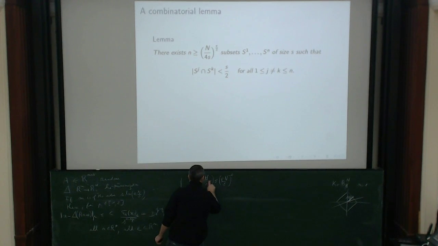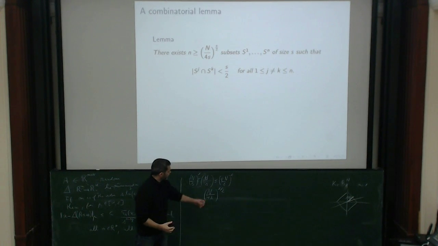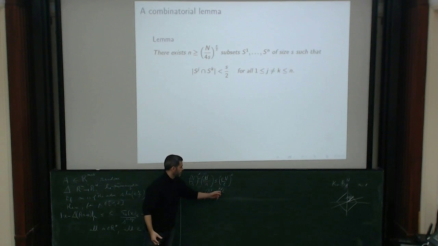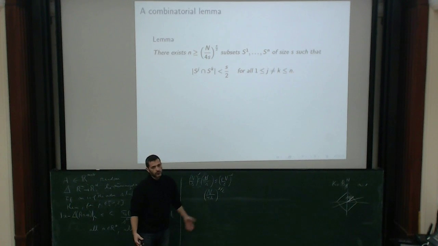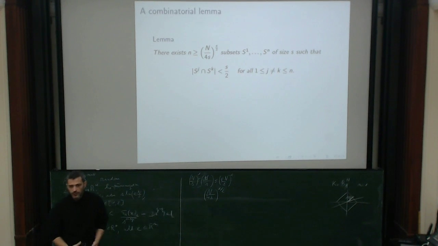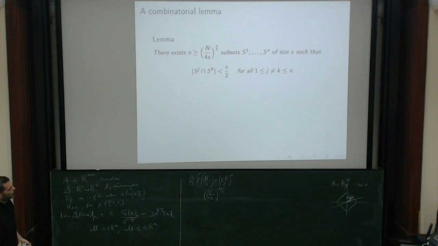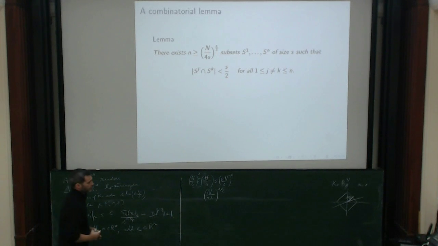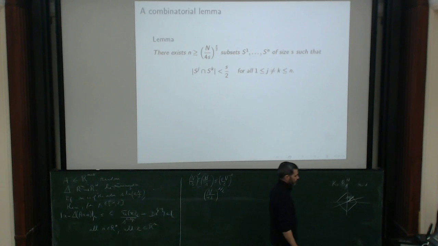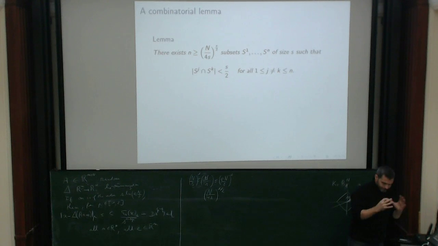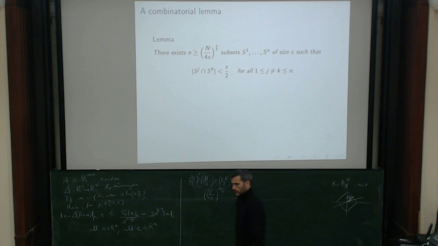We get (n over 4s) to the power s over 2. So compare the log of those two numbers. You would have s and s over 2 in front, and then log of en over s or n over 4s. Again, not that different. Okay, so there is a large family of subsets of size s that pairwise intersect not too much.